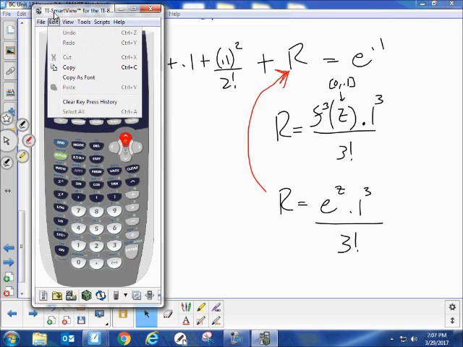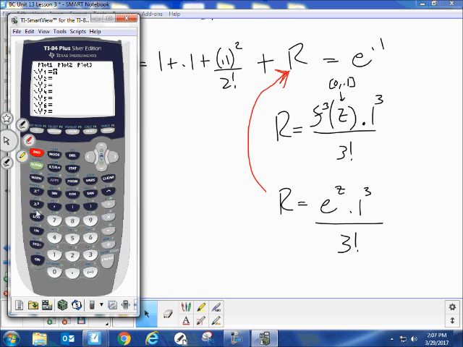So I'll have e to the 0.1, and then I have 1 plus 0.1 plus 0.1 squared over 2 plus, and here's my equation, some e to the z, we'll say it's e to the x, times 0.1 cubed over, now 3 factorial is just 3 times 2, which is 6, okay?